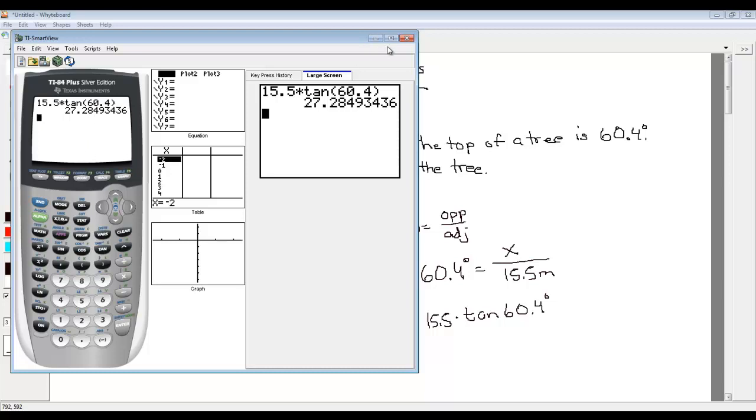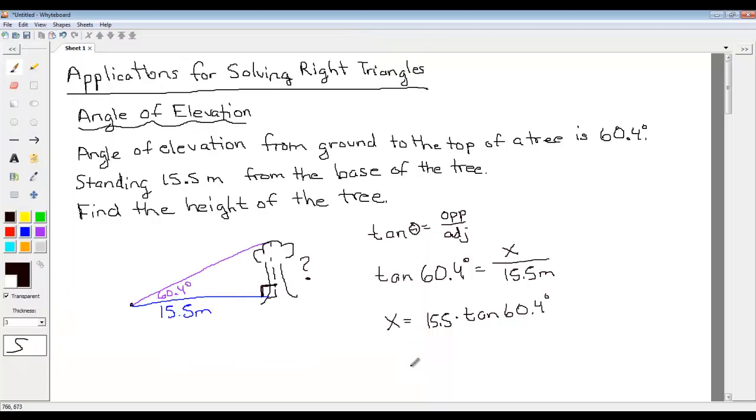So about 27.3. So x is about 27.3 meters. So that tells us about how tall the tree is. It's about 27.3 meters tall. Okay, so that's an example with angle of elevation, and we ended up using tangent there.